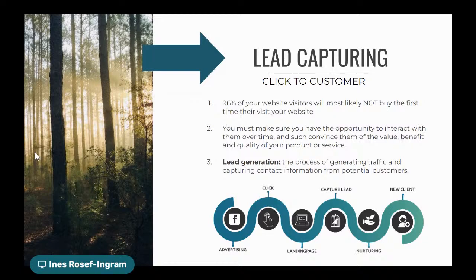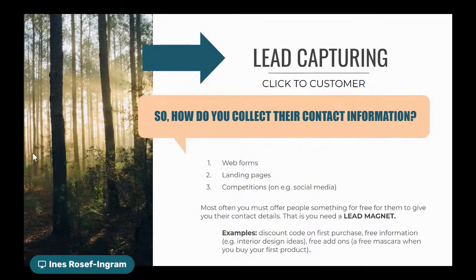How do you collect the contact information? It can be through web forms, it can be through landing pages, it can be through competitions, various ways you can collect the contact information. Often you will need lead magnets. You'll have to give something of value to get someone's contact details.